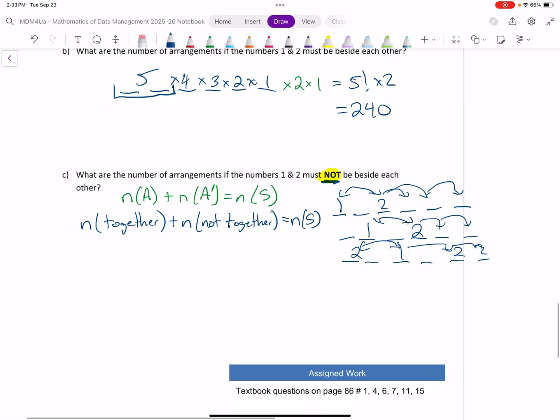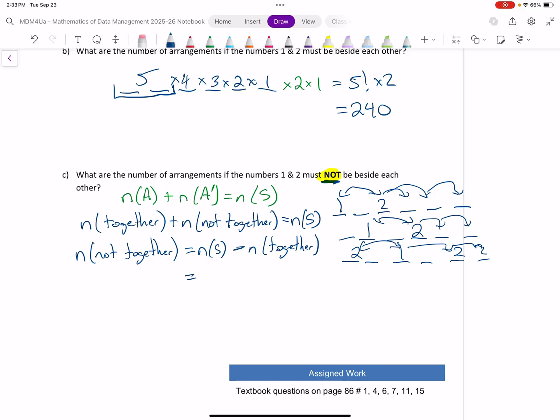This thing can be rearranged because we want to find the number not together. I can simply take the universal set, the number of S, and subtract the number where they are together. That becomes a lot more manageable than what I was showing on the side here.